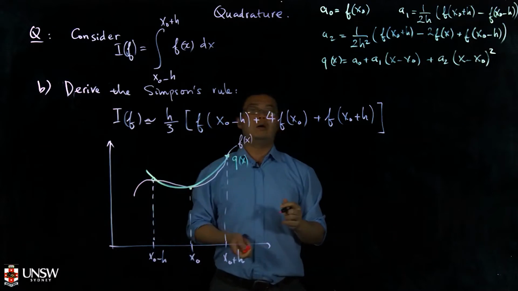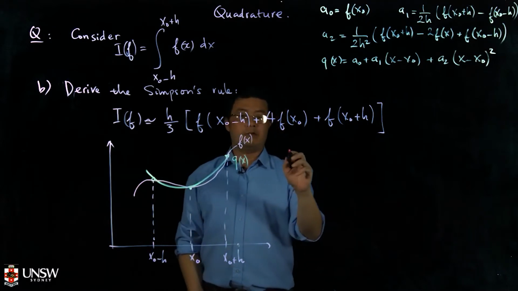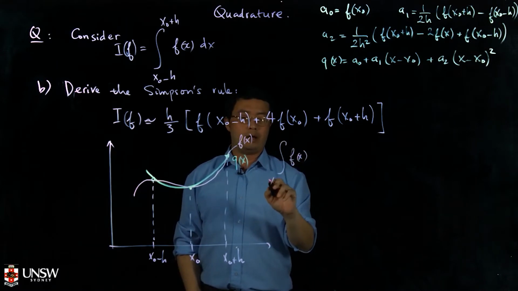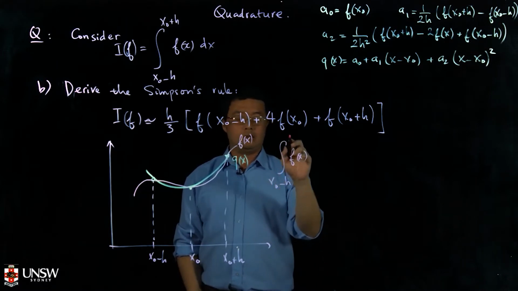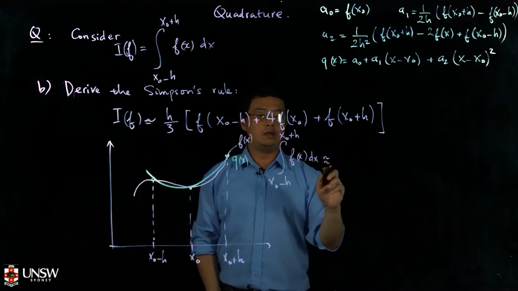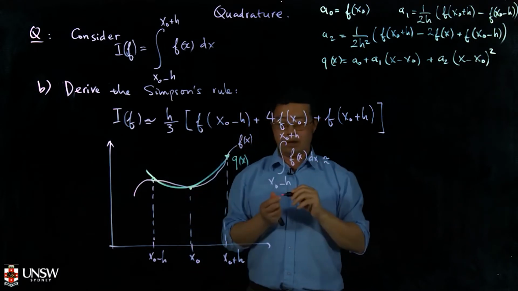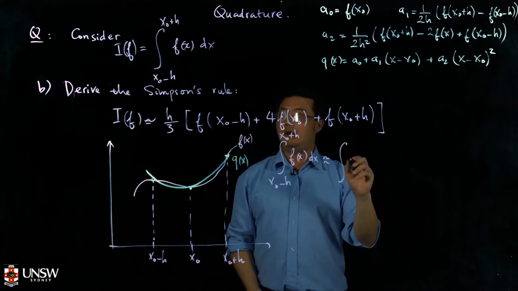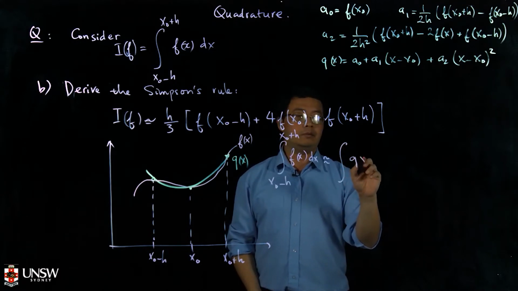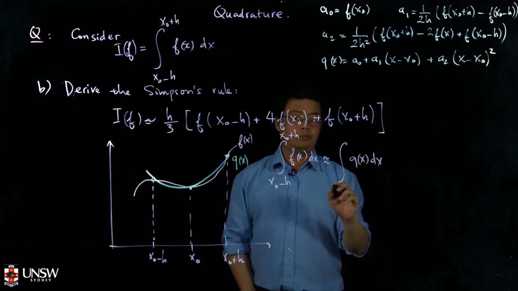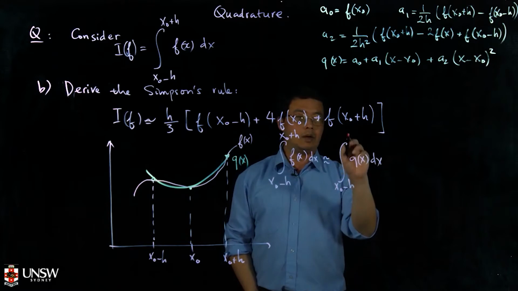Okay, so we write it in terms of the formula. The integral of f from x0 minus h to x0 plus h will be approximately the area under the quadratic Q(x) dx from x0 minus h to x0 plus h.